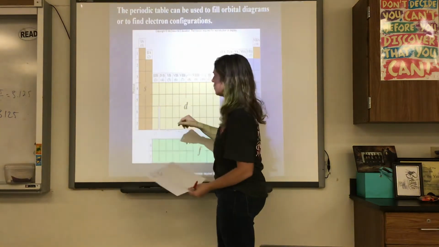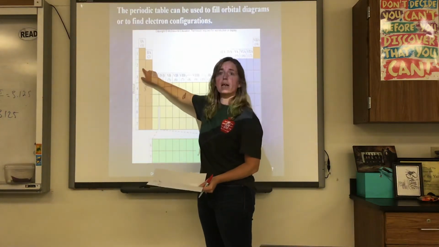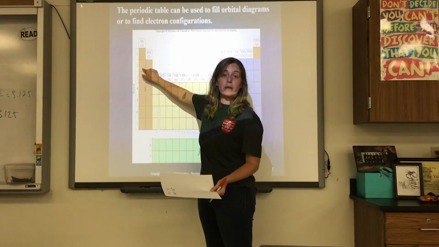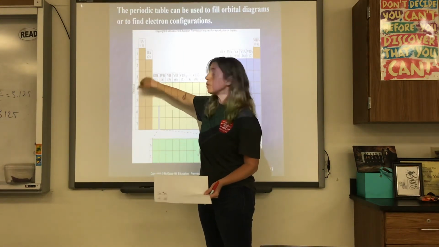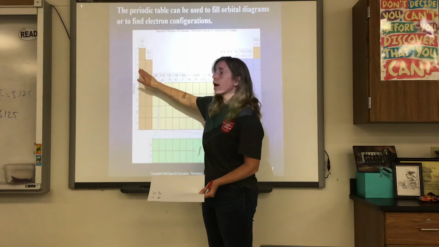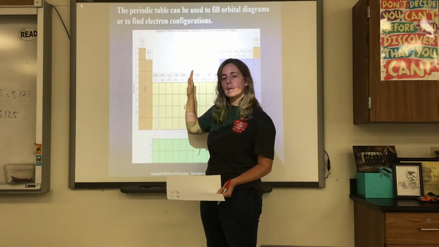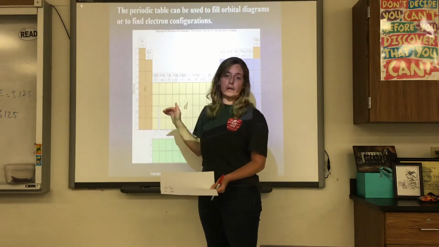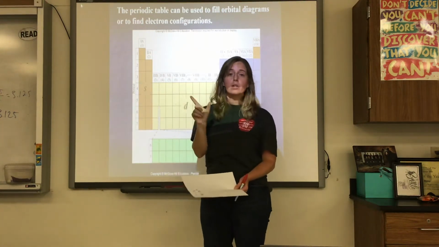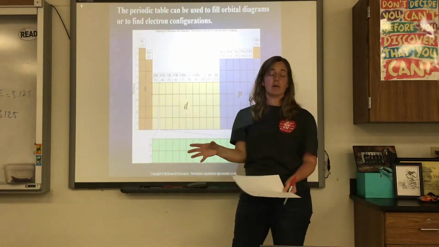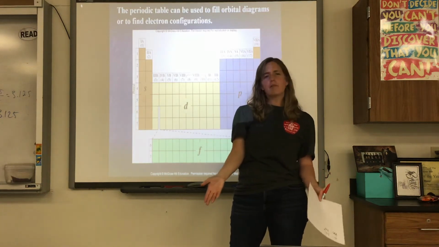Now, if I want to find, say, lithium on the second row, the very next element on the periodic table, I have to write everything that came before lithium, including the configuration for lithium. It's all included as the entire configuration. Now you say, why do you have to do that?